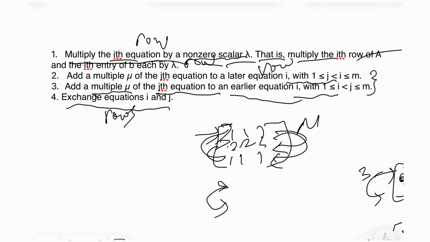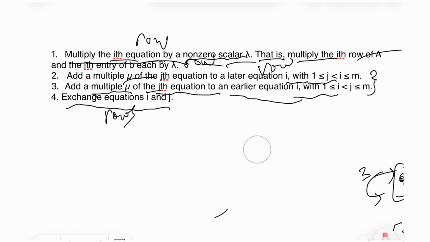We're multiplying or adding, and if you formally prove it, which I'll leave the details to you as a mental exercise, you can see that all of these are just elementary linear transformations. Since it's a linear transformation, we can easily write these in the form of matrices. Now, to write any sort of operation in the form of a matrix, we just see what that operation does to the identity matrix.